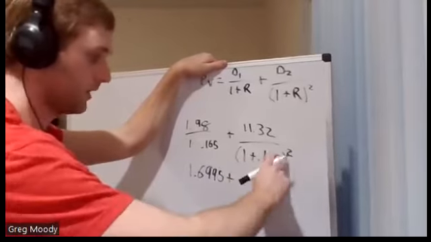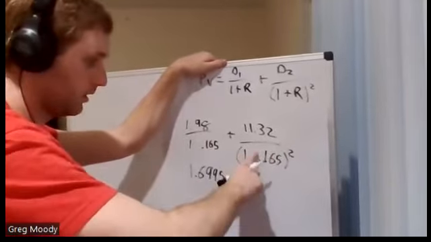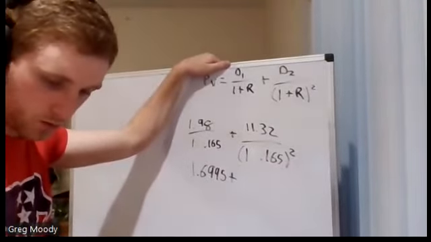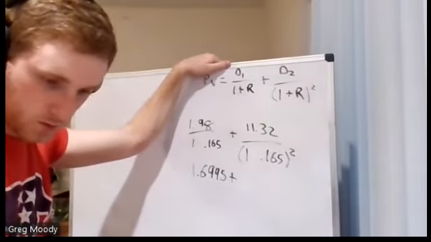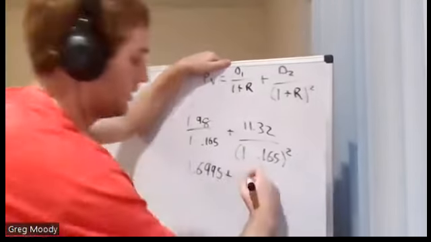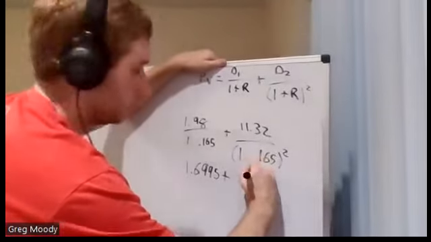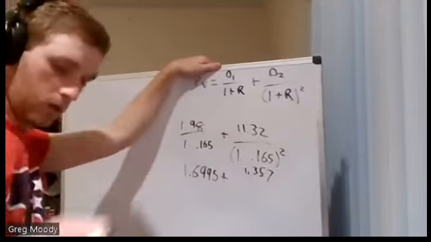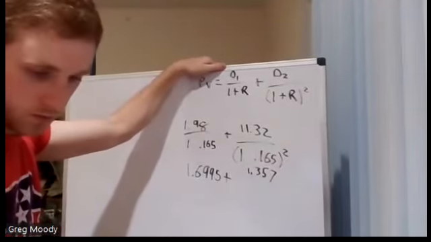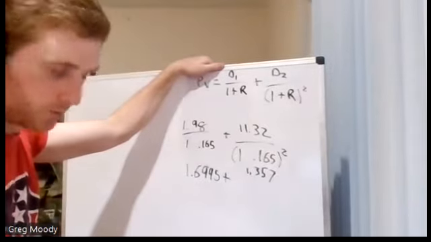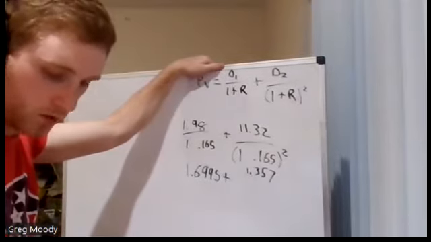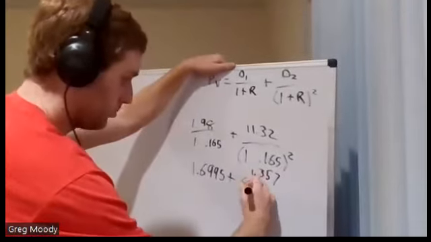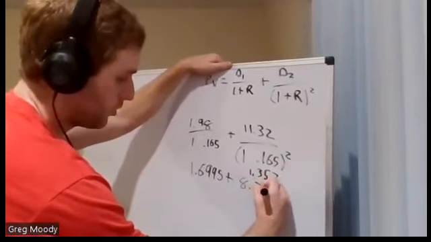Plus this one, 1.165 raised to the second power will turn into 1.357, and we'll divide 11.32 by 1.357, which equals 8.342.